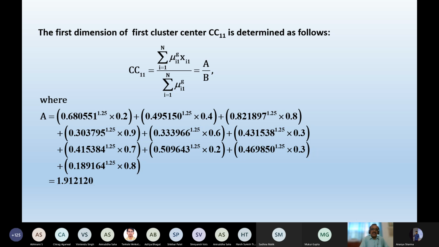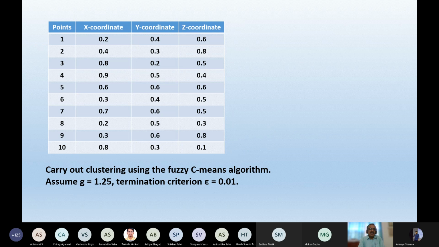And you can see I equals 1 means X11, that is the first dimension of the first data point. You can check from this particular matrix: the first dimension of the first data point is 0.2, the second dimension is 0.4, and the third dimension is 0.6.